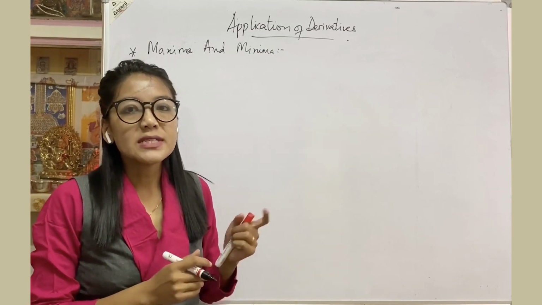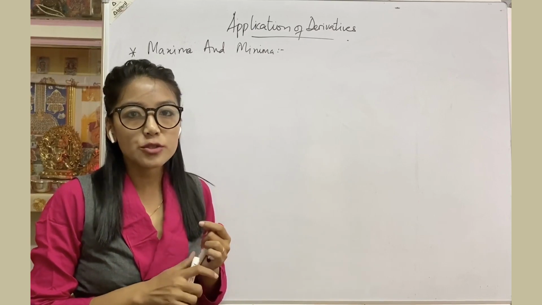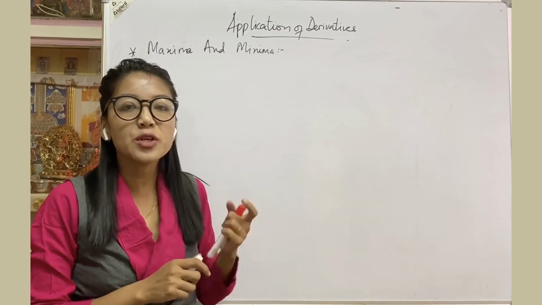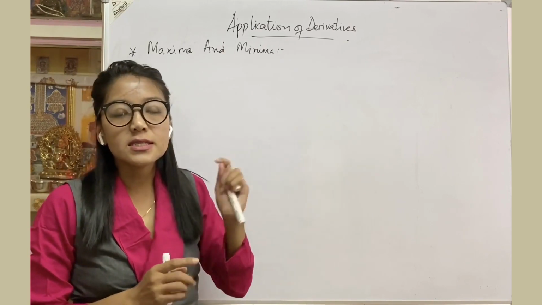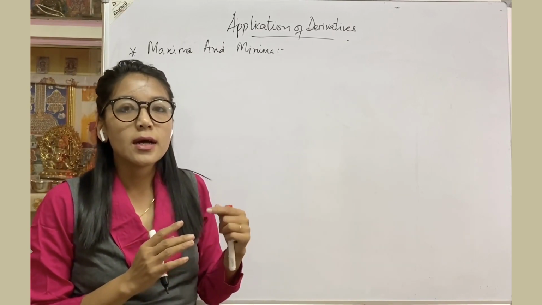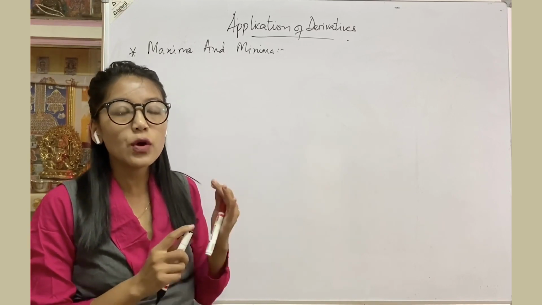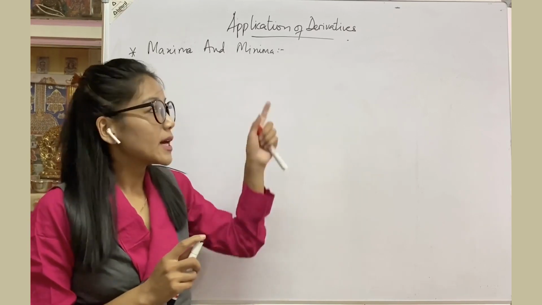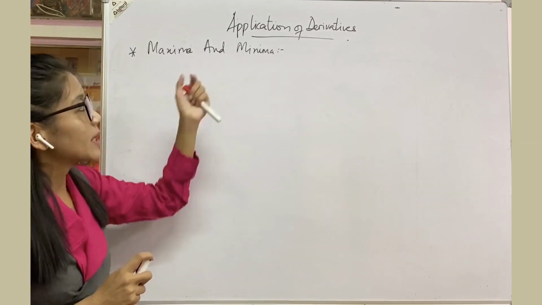In the textbook you will see that this topic is not in continuation of the previous topic which we had taken. In between you will find two more topics, but I am taking this topic since it is related to the last topic that we had discussed, increasing and decreasing functions. So skipping the two topics, I am going to take this topic, that is maxima and minima.